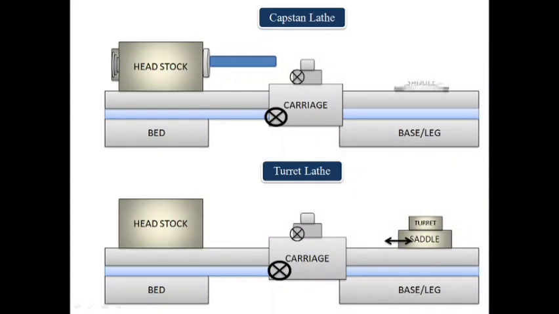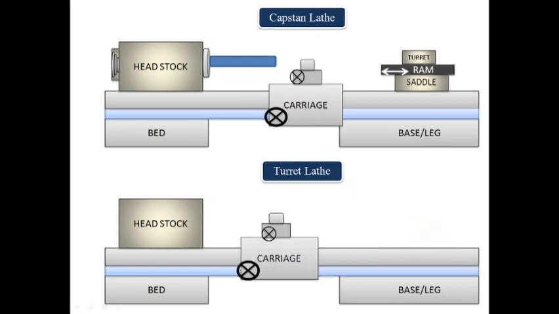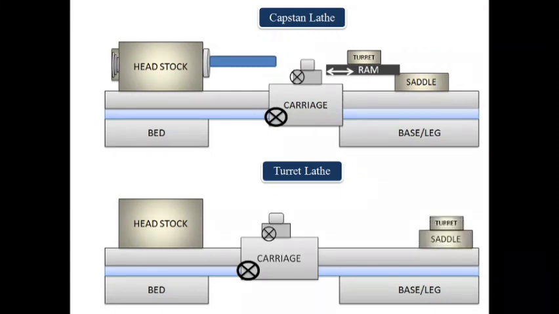In fact, the turret is placed in a ram, which in turn is mounted over the saddle. The ram has the provision of sliding from left to right, and this is how the turret moves over the bed. However, in case of turret lathes, the turret is mounted directly on the saddle, and the saddle is moved along the bed to take the turret in the required position.